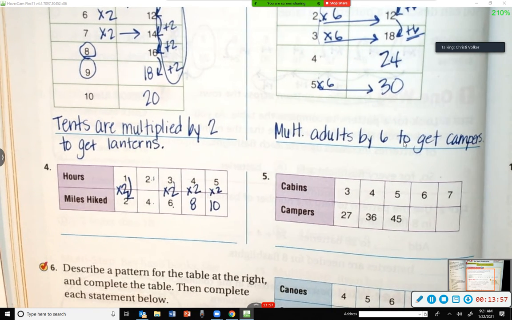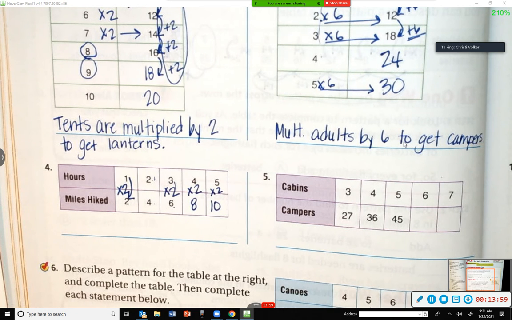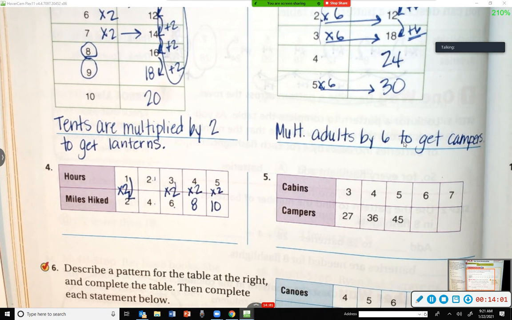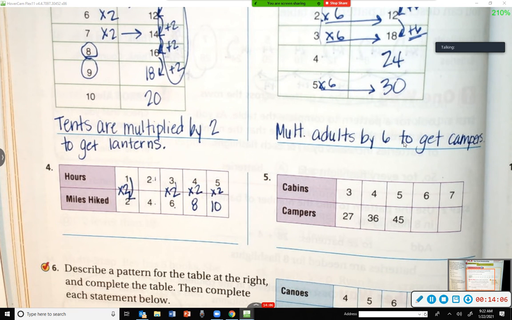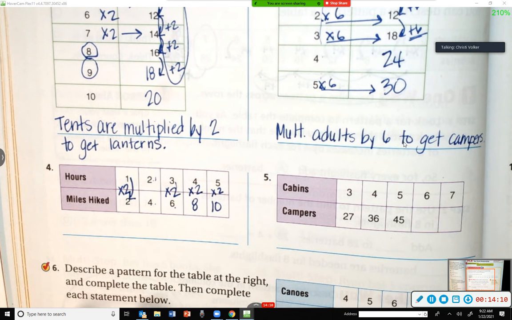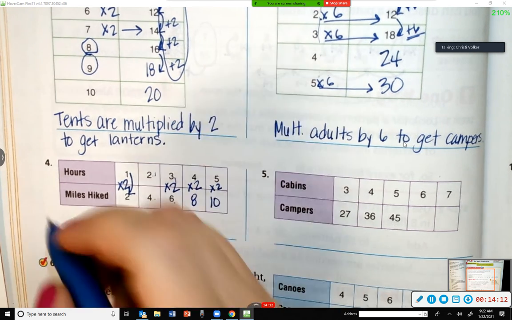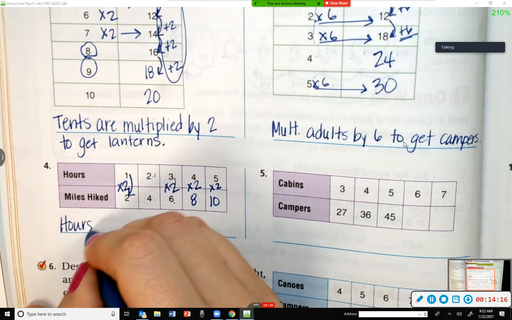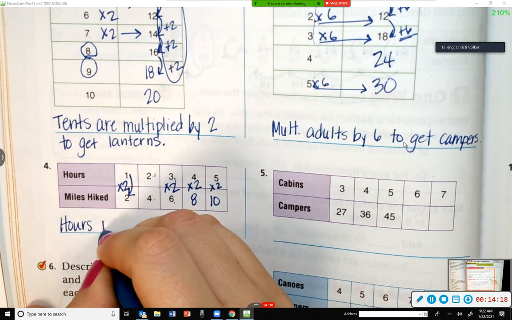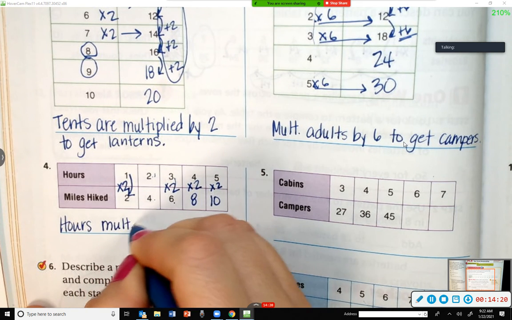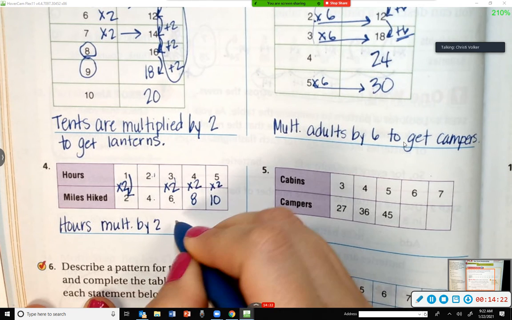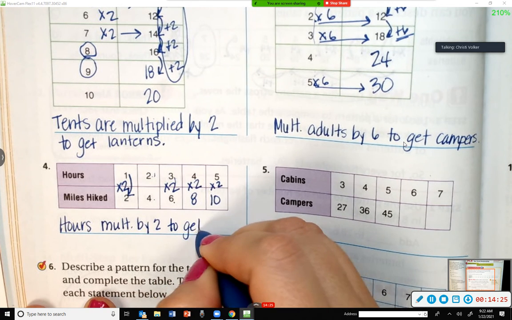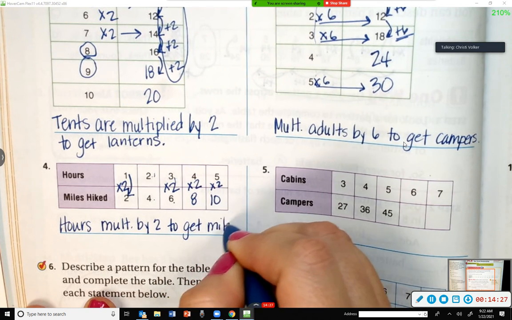How would I describe the pattern? Bryson? The two missing numbers were 8 and 10 because it's just counting. Okay, skip counting by 2s. Multiplying by 2s. Good. We could say the hours are multiplied by 2 to get miles hiked.